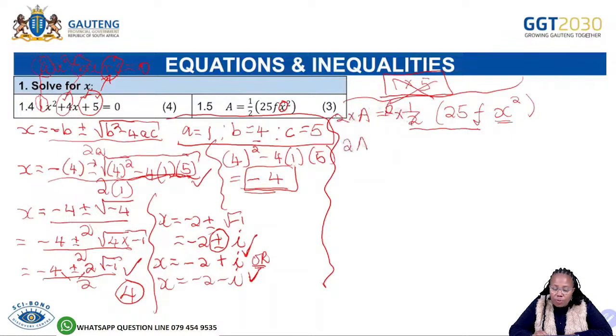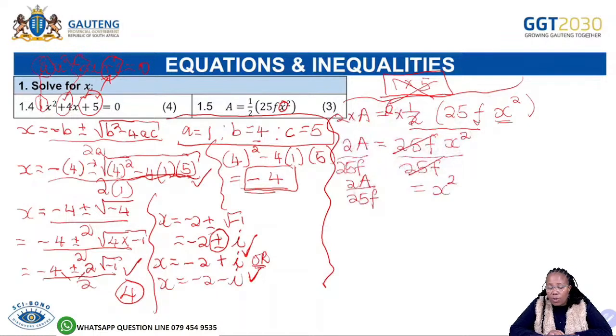You'll be left with 2a is equal to what is inside the bracket, 25f x squared. Okay, we are targeting to remove 25f, so we'll divide by 25f both sides. So 25f will cancel 25f, then you'll be left with x squared on the right hand side equal to 2a over 25f.